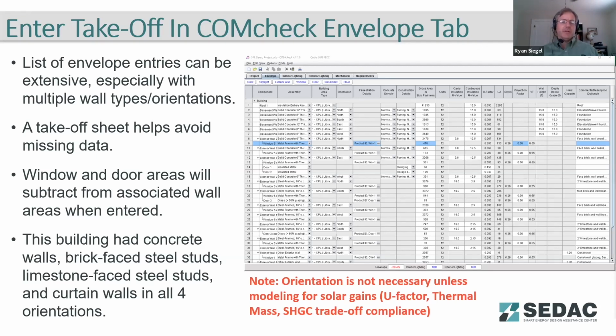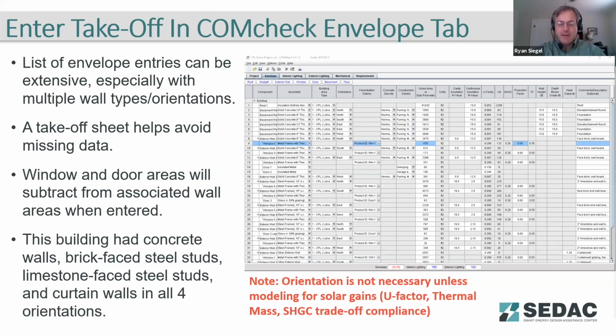This also, we're noting here that the orientation is predominantly used if you're dealing with solar heat gain coefficient trade-offs or some of the other particular entry areas. And so being able to simplify that down substantially can be very beneficial for you.